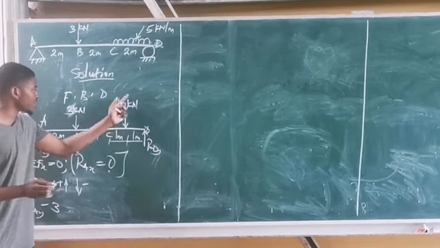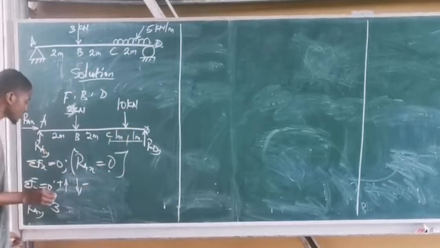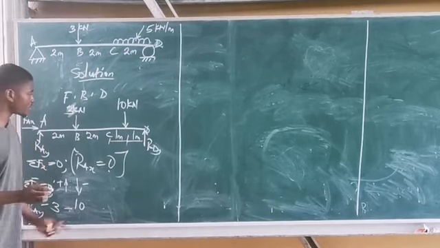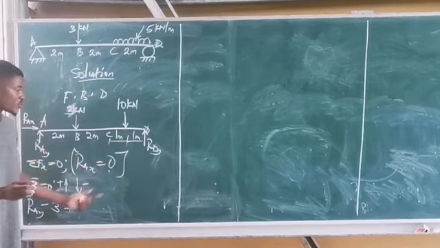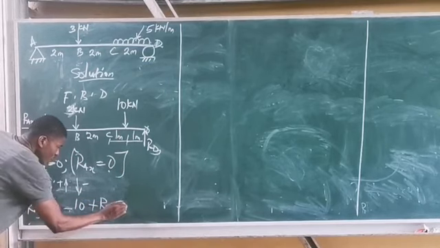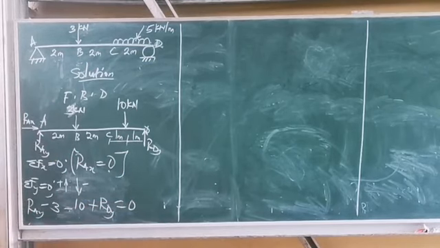Between C and D, there's 10 kilonewtons force acting downwards, so it's negative, minus 10. And at point D, we have an upward force RDY, so it's positive, plus RDY. And according to the law, this summation is equal to 0.